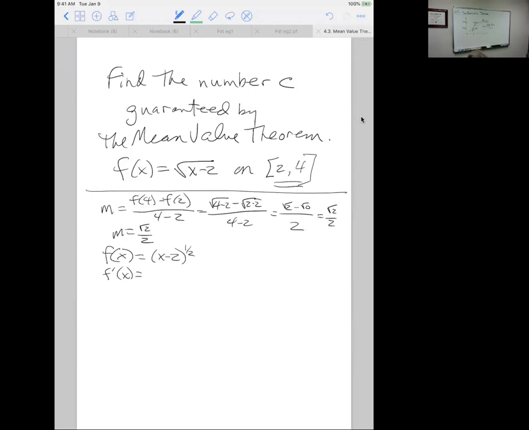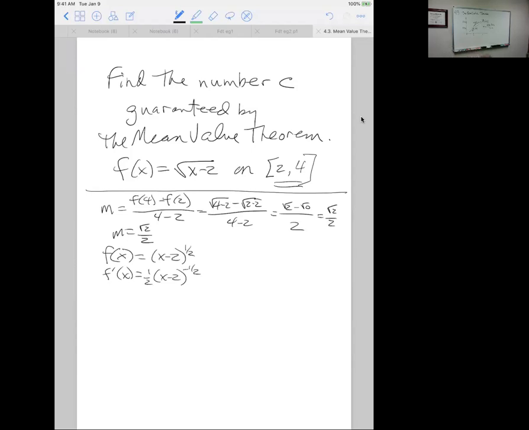We've got to use the chain rule because it's on a function, and we've got a fraction up there, so we bring the fraction down front, get 1/2, x minus 2 stays, subtract 1 in the exponent, and you get minus 1/2. Chain rule, the derivative of the inside of the parentheses is 1. So there's nothing more to write.